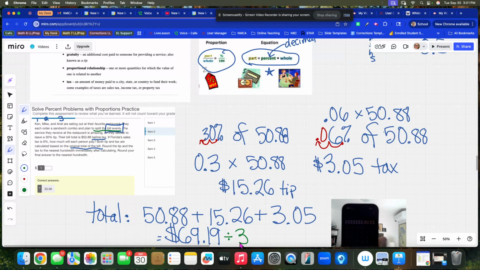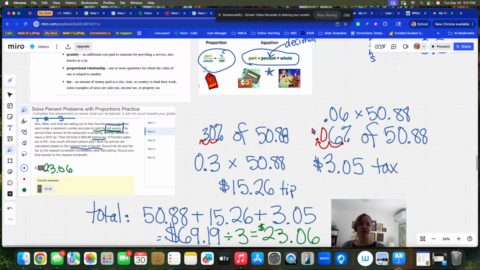Yay. 23.06, and then there's 3 repeating, but I'm going to round that off to the nearest hundredth. $23.06 each. So big ideas here: I use the percent equation, turn the percent into a decimal, and then multiply. The bill times the tip percentage, and then the bill times the tax percentage.